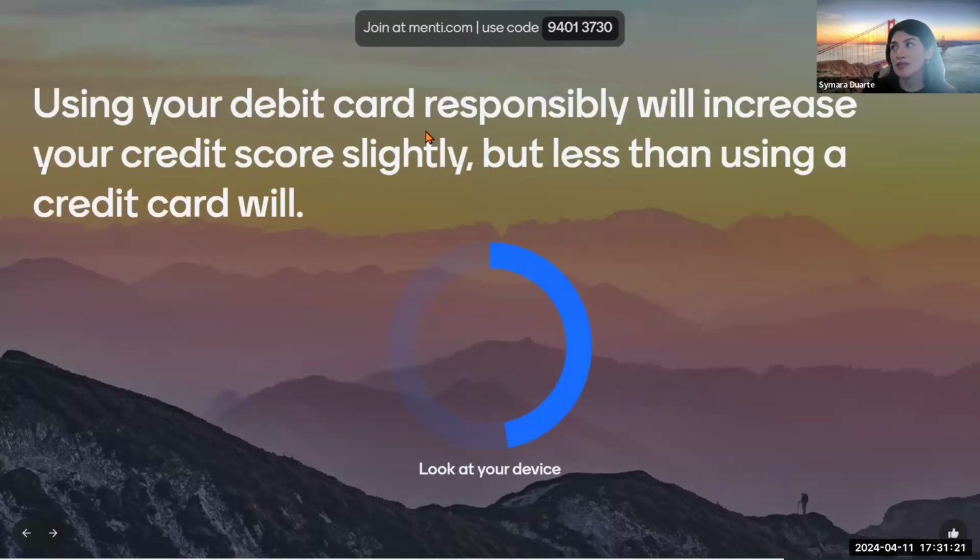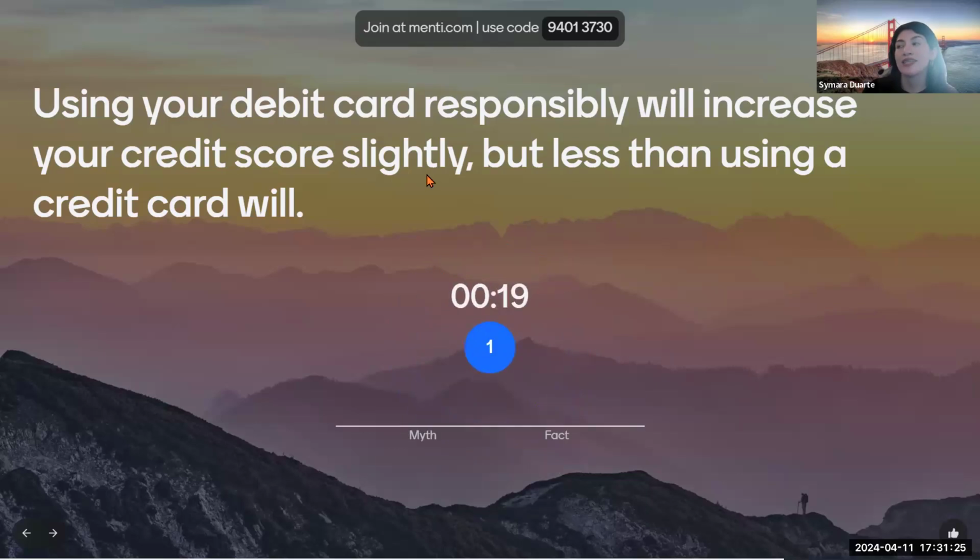Using your debit card responsibly will increase your credit score slightly, but less than using a credit card. Is this myth or fact? This is a myth.